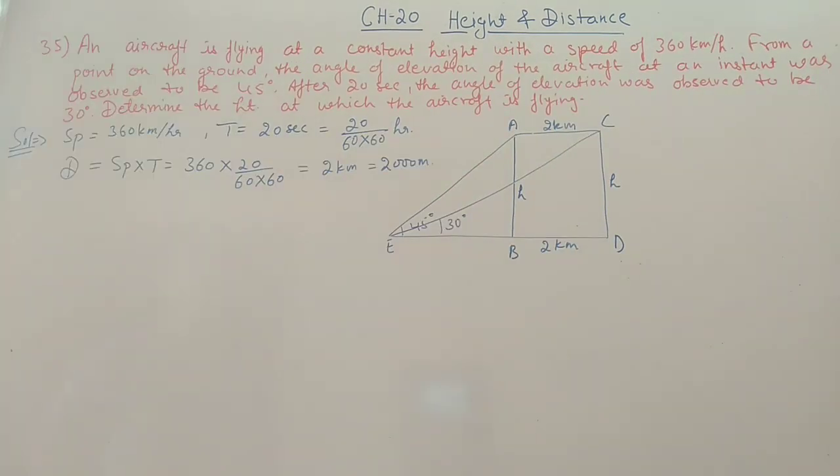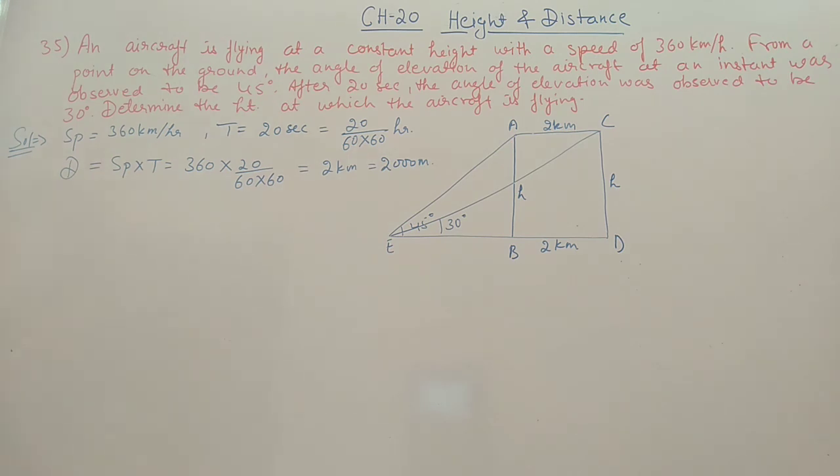Question number 35. An aircraft is flying at a constant height with a speed of 360 km per hour. From a point on the ground, the angle of elevation of the aircraft at an instant was 45 degree. After 20 seconds, the angle of elevation will change to 30 degree. We have to find out the height at which the aircraft is flying here.